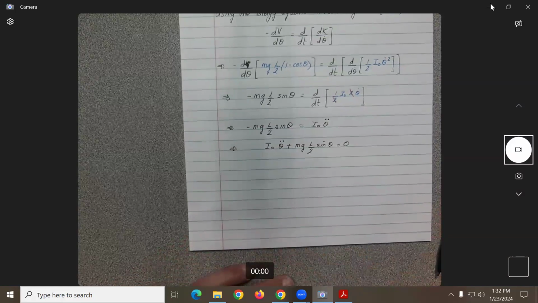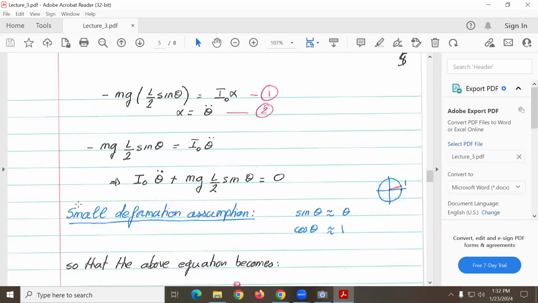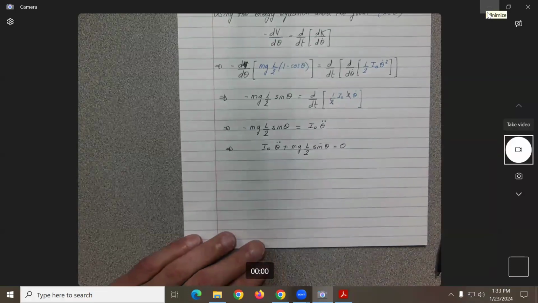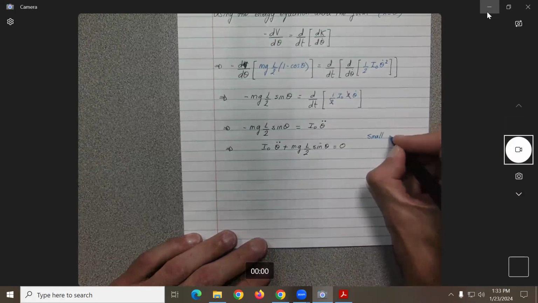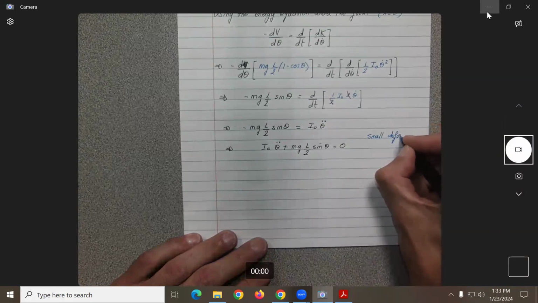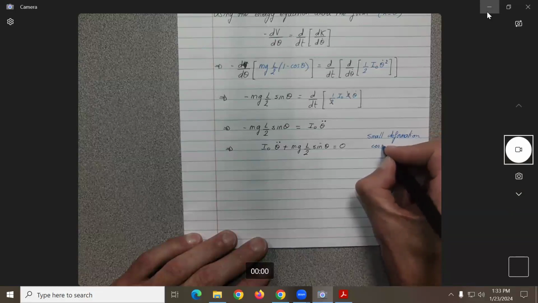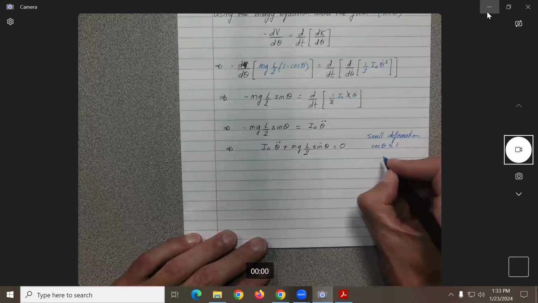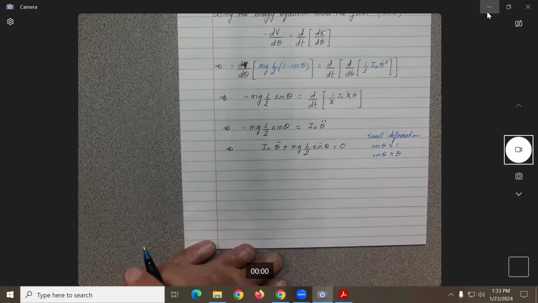Okay, remember I'm using exactly the same approach as last time. So last time for this one, what did we use? Using small deformations. So let's say using small deformations, what do we know? Cosine theta is approximately 1, and sine theta is approximately theta.